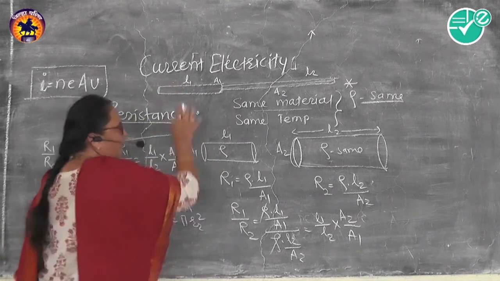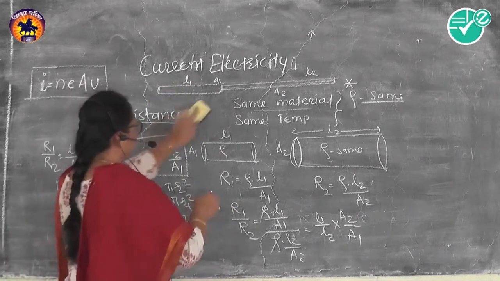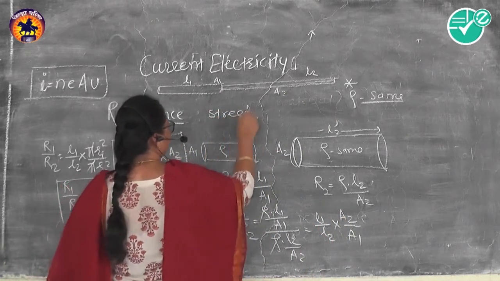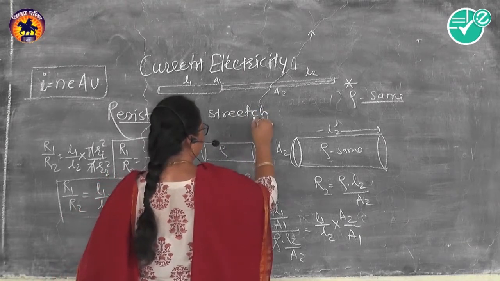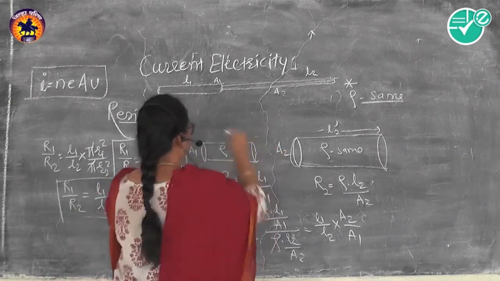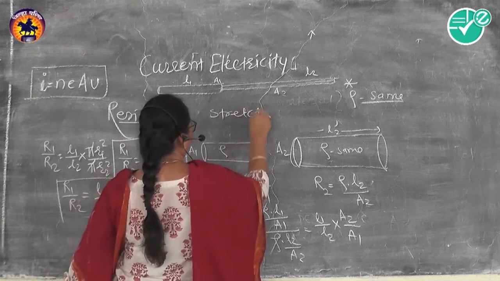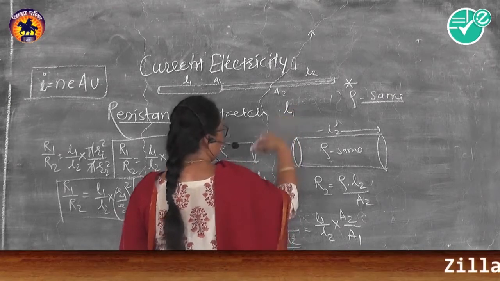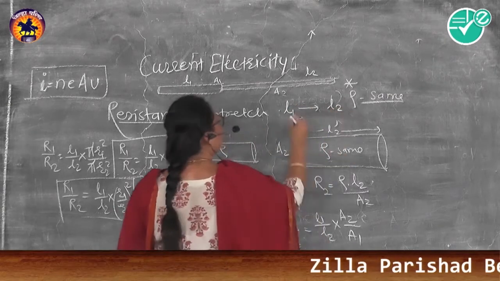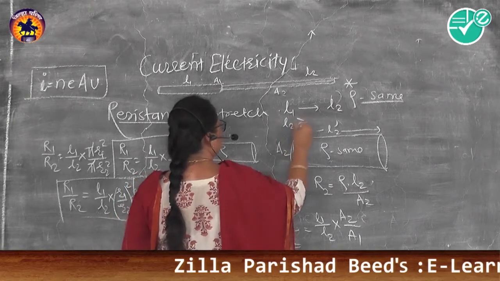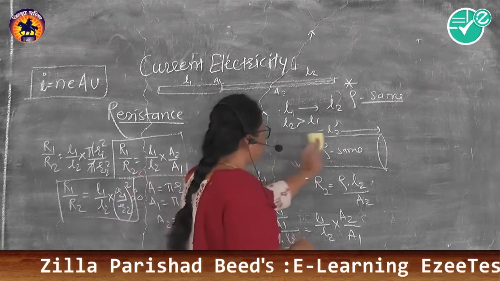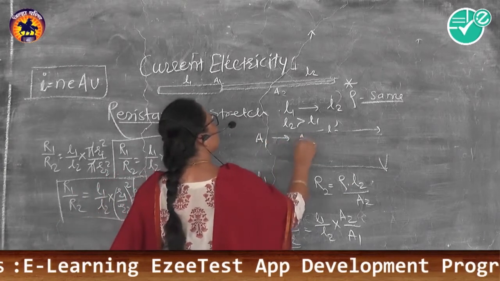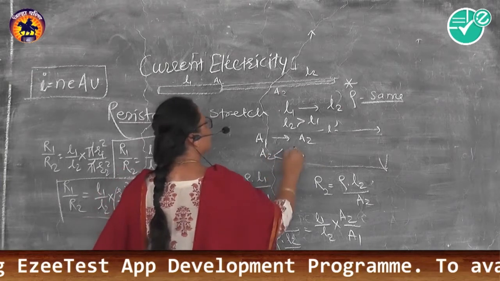When we stretch the given resistance, the initial length L1 changes to L2. The relation between them is that L2 is greater than L1, and in that case area of cross section A1 changes to A2, but here A2 is less than A1.